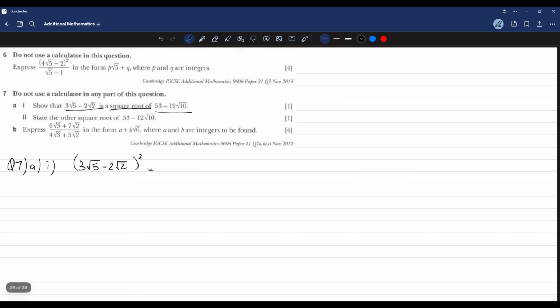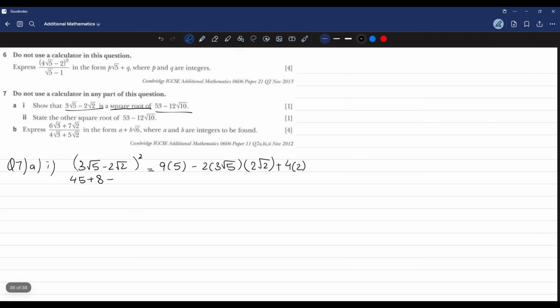So we are going to say a squared, which is 3 squared, 9, multiplied by 5, minus 2 multiplied by a, which is 3 under root 5, multiplied by b, which is 2 under root 2, plus b squared, which is 4 multiplied by 2. Now simplify this. 9 fives are 45. What is 45 plus 8? By the way, let's do this afterwards.